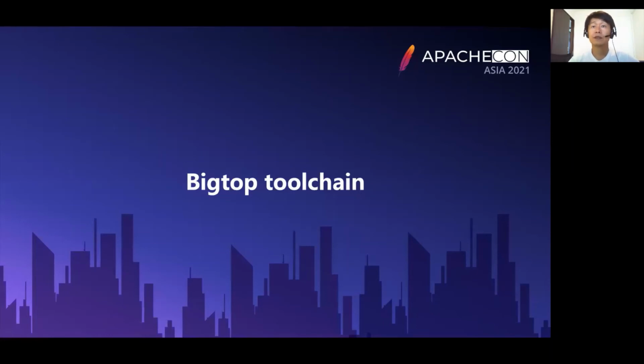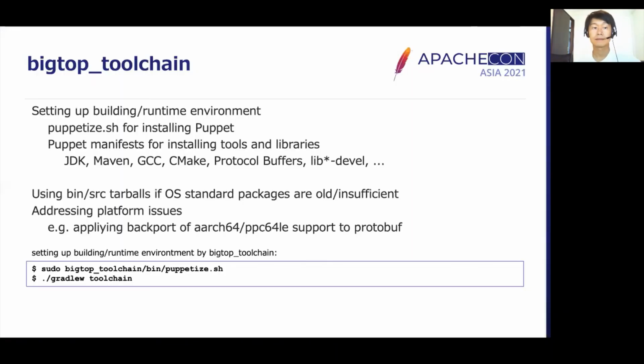You can use Bigtop toolchain for setting up the packaging environment. A Bigtop toolchain consists of an install script of Puppet and Puppet manifests. Tools needed for packaging, such as JDK, Maven, and GCC, are installed by Puppet.